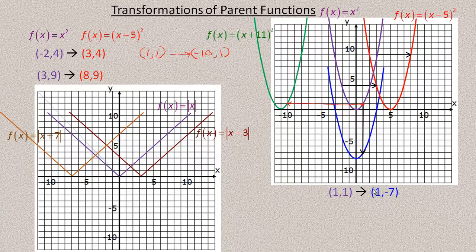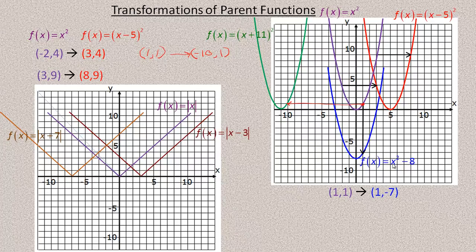So in this case, the x coordinate's the same because it's a vertical translation. So in order for my new y value to be negative 7, after I square the 1, I have to subtract 8. So that's why the equation would be f of x equals x squared minus 8. So again, for this new one here, if I put 1, see this is a vertical translation.